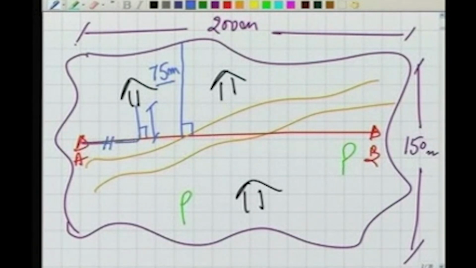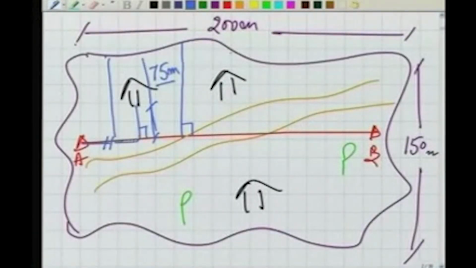While we are working with the tape, how do we make the offsets in the field? We have to erect the perpendicular or the oblique offsets, and we swing the tape in order to make it perpendicular. If you swing your tape, which is 75 meter long, can you think of that? It's not possible.